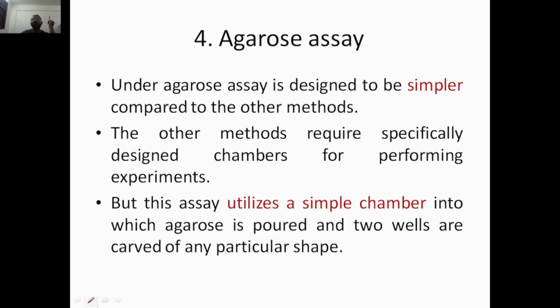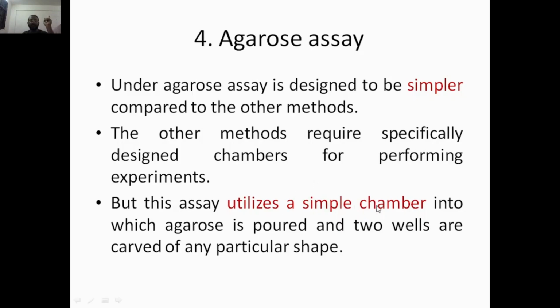Under the agarose assay, it is designed to be simpler compared to the other methods. The other methods require specifically designed chambers for performing experiments, whereas agarose is one common thing which is used for many applications.